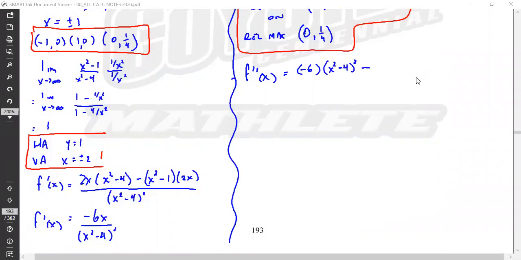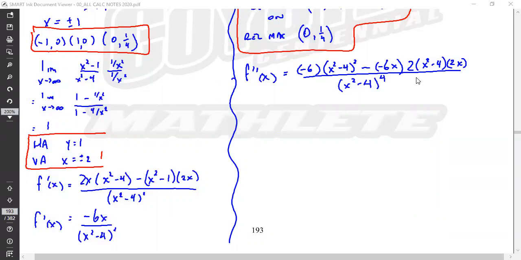We're going to subtract negative 6x, your numerator, times the derivative of your denominator. Now we need to chain rule this. So this ends up being 2 times the bracket x squared minus 4 to the 1, times the derivative of the inside. Don't forget, the derivative of the inside is 2x. And this is all divided by the denominator, x squared minus 4 squared squared, so x squared minus 4 to the 4.